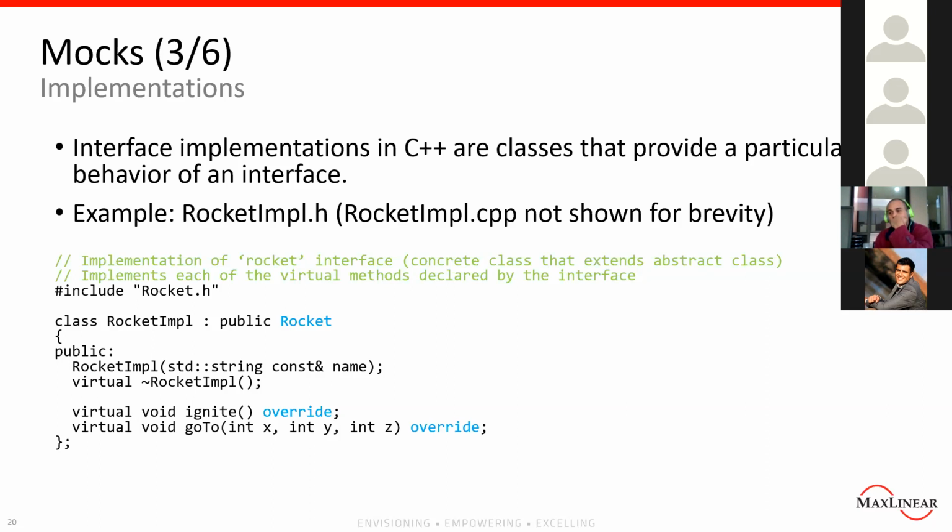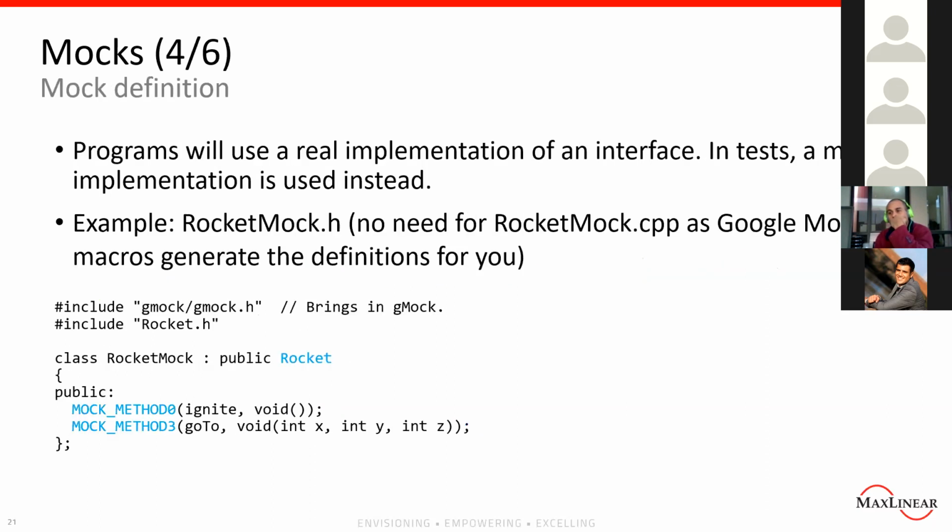And then we will have to provide a mock for that object to be able to test our launcher without using our real implementation of that rocket. What we do in Google Mock is create another class which extends Rocket, and with the help of these macros, we create a method for each method in our interface.